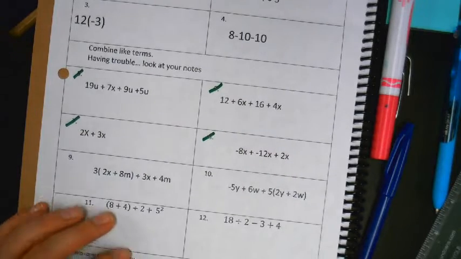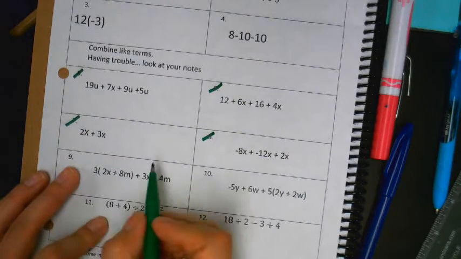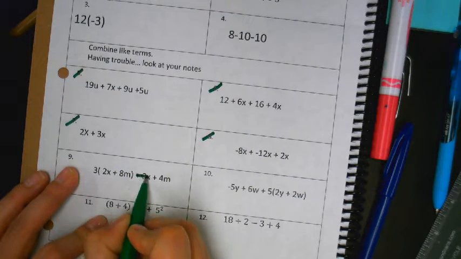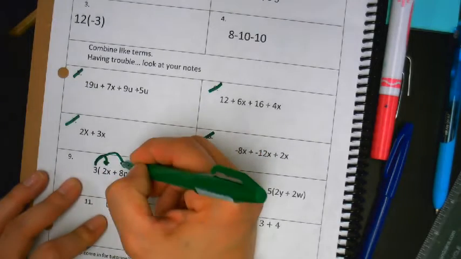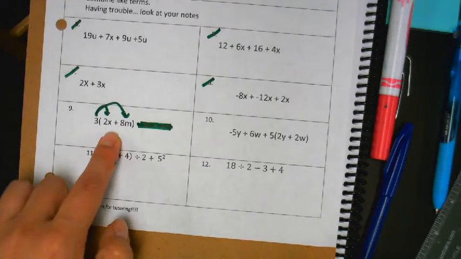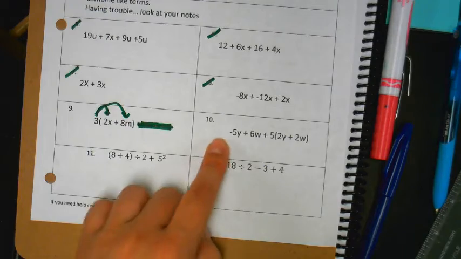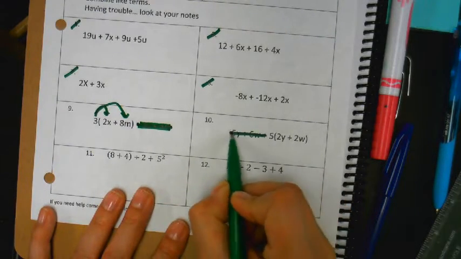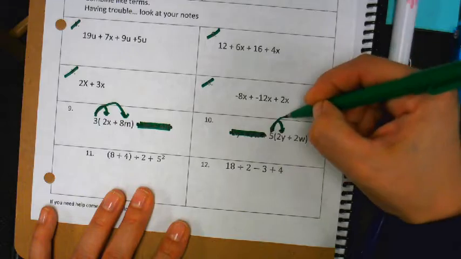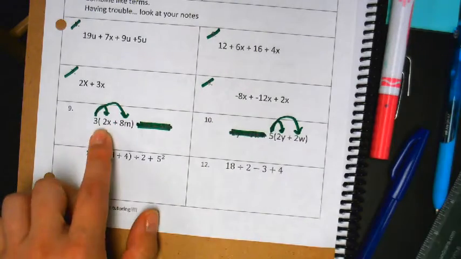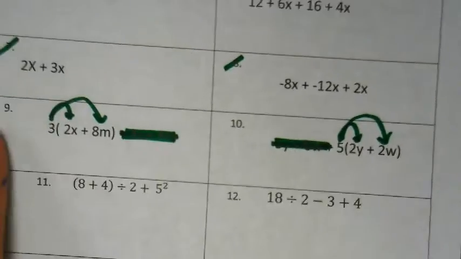I might have you do this later on. Now, for number 9, can you cross out the last part and just do the distributive property? And number 10, cross out the beginning part and distribute the 5. Okay? So I made it easier.